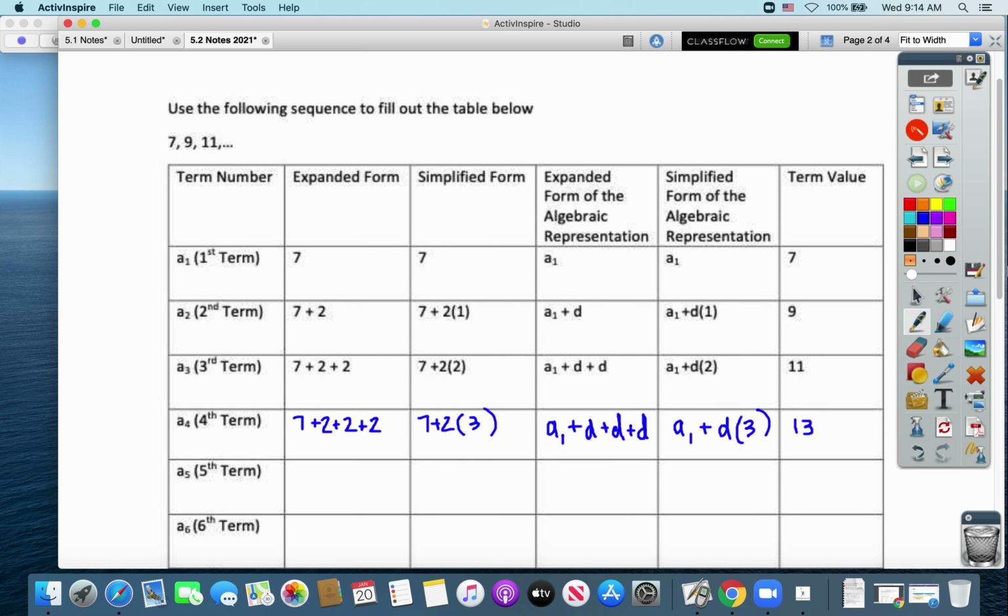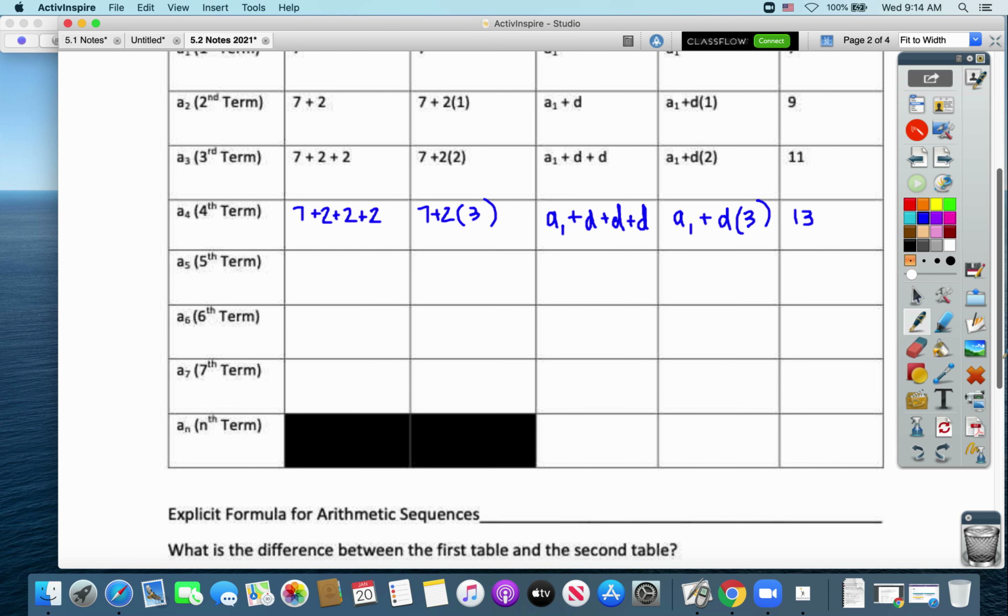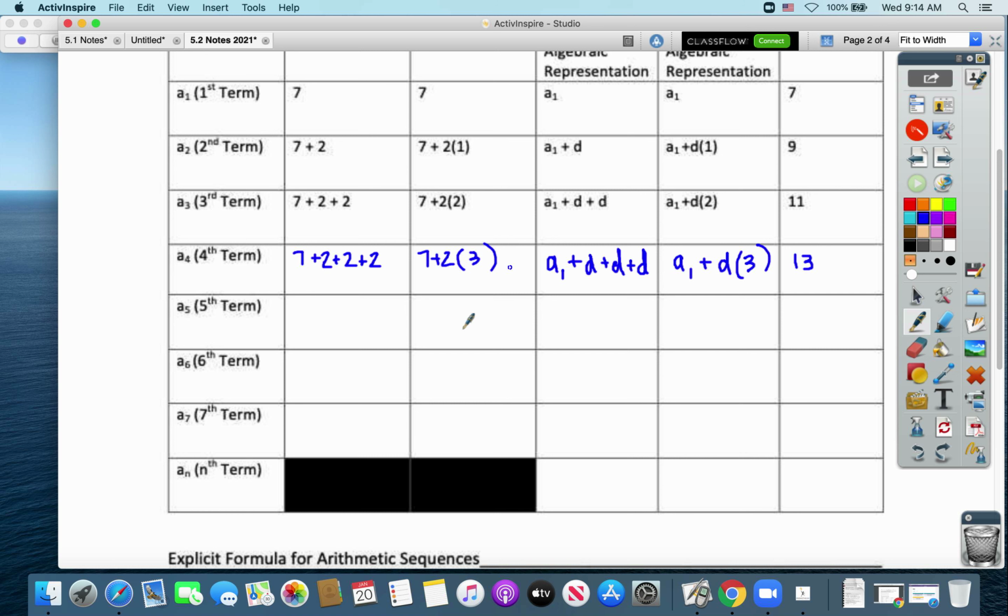And you could continue that pattern if you need to see what's happening, but I think at this point it's kind of easy for us to see what's going to continue. So to find any term, the nth term, we would do a sub 1, starting with our first term, and then we're just adding that common difference over and over again.